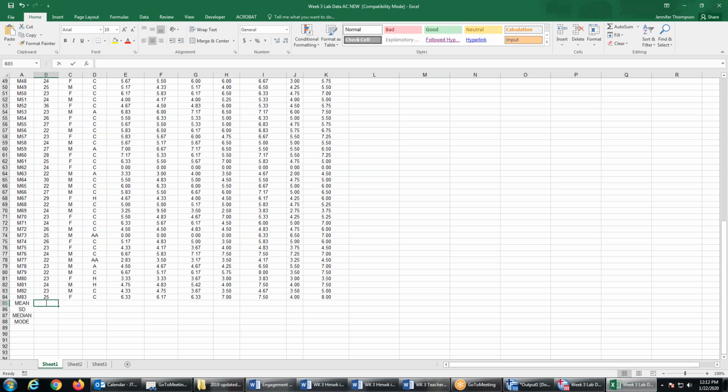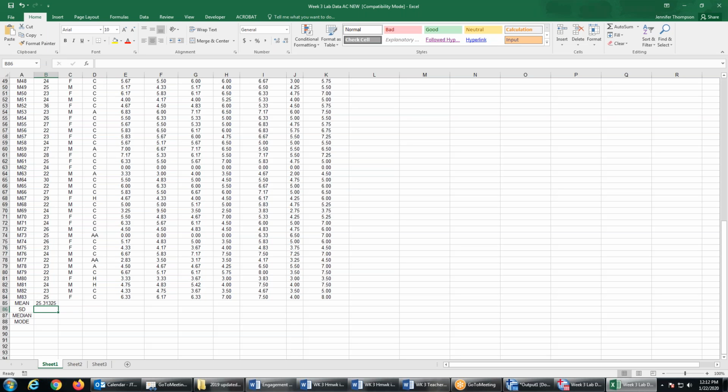And to do this, I'm going to do the average. I need to do the equal sign first. Equals average, parentheses, and here I think it's B2 to B84. That's how I have it written in my notes.